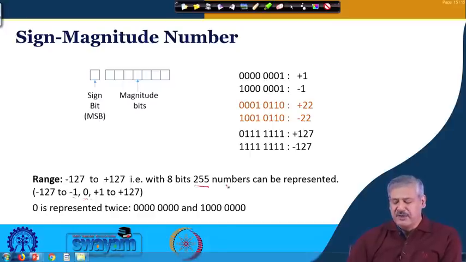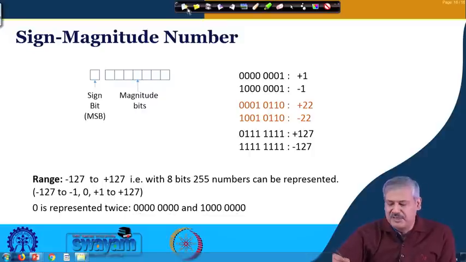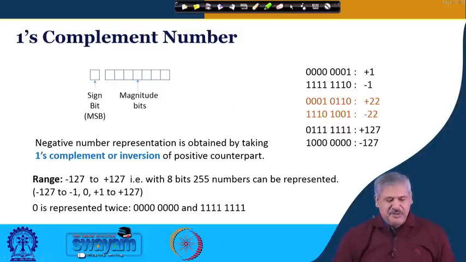So, 255 numbers get represented by 8 bits, and in this, 0 is represented twice, one here and another there. One representation is wasted. With 8 bits you can have 2 to the power 8, 256 representations, but here only 255 numbers get represented. So, this is one way of representing it.